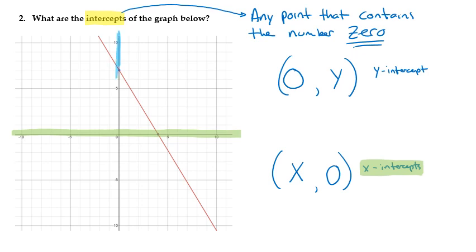And it's got to be somewhere on the y-axis. Sorry, it's easier to draw horizontal than vertical with this highlighter. So x-intercepts are points where y is equal to 0, or they are points on the x-axis, and the y-intercepts are points where the x is 0, or points on the y-axis.